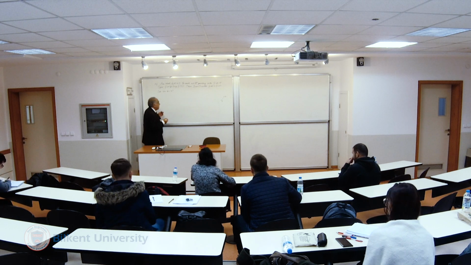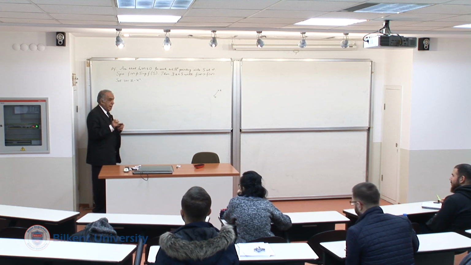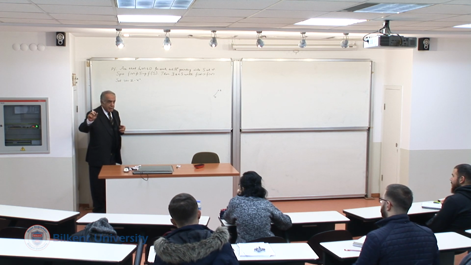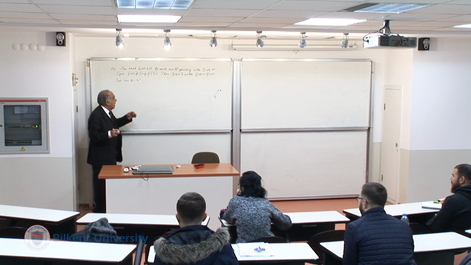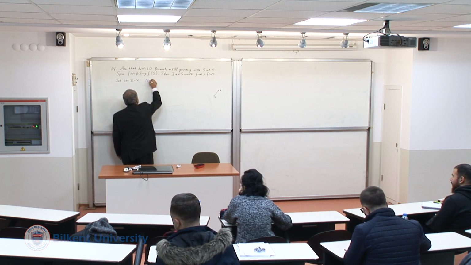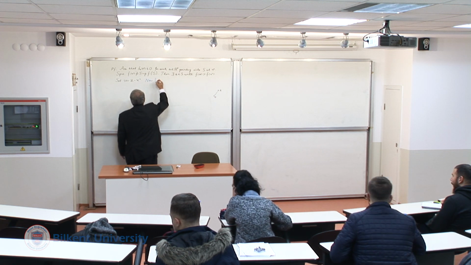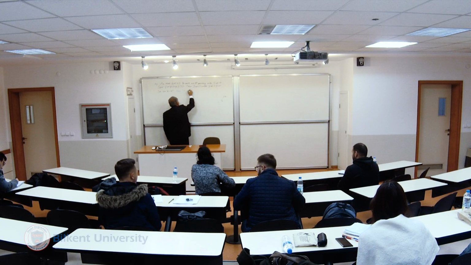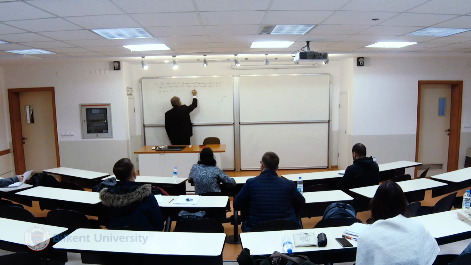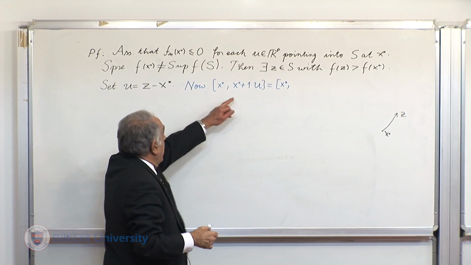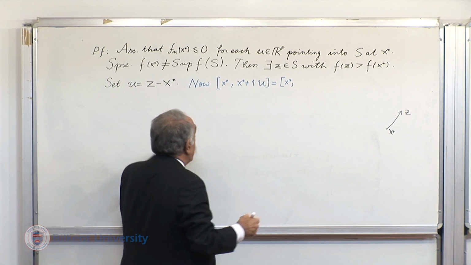Then there should exist some delta such that the segment from x star to x star plus delta u should stay entirely within S. If you take delta as 1, this will be x star plus 1 times u, that's z minus x star.